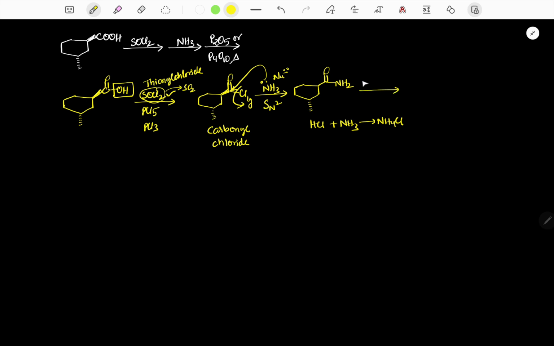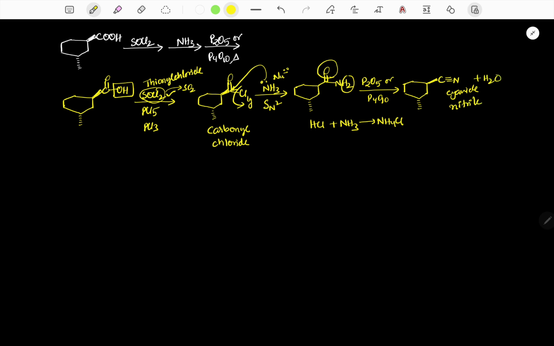Now it is treated with dehydrating agents P2O5 or P4O10. These two are dehydrating agents. So here an amide group is there. It undergoes dehydration, so here H2 and here oxygen are removed, and finally forms the corresponding cyanide, also called the nitrile functional group, plus H2O.